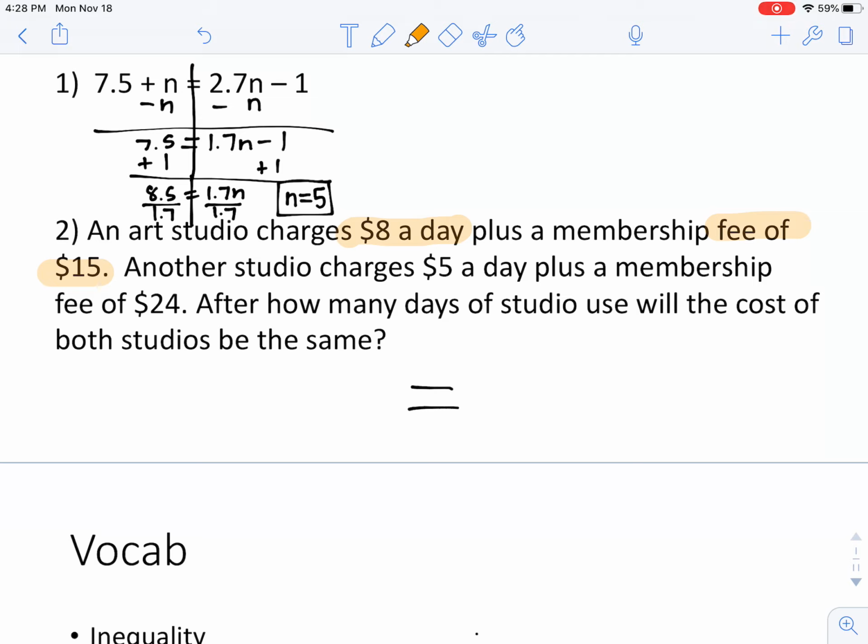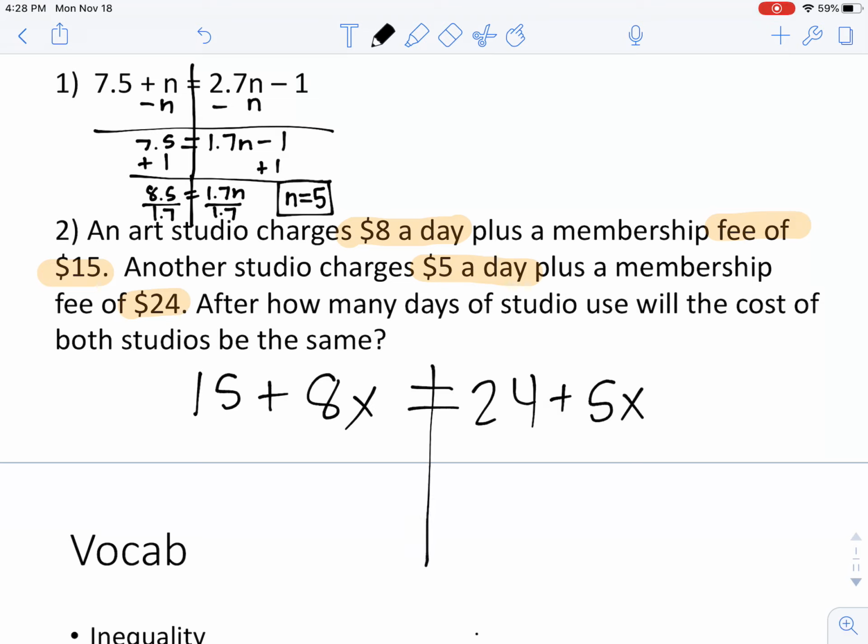The other studio charges $5 a day plus a membership fee of $24. So fee of $15, that's going to stay the same, plus $8 per day, we're going to write that as 8x, equals, then the second one, the fee is $24 plus $5 a day, 5x.